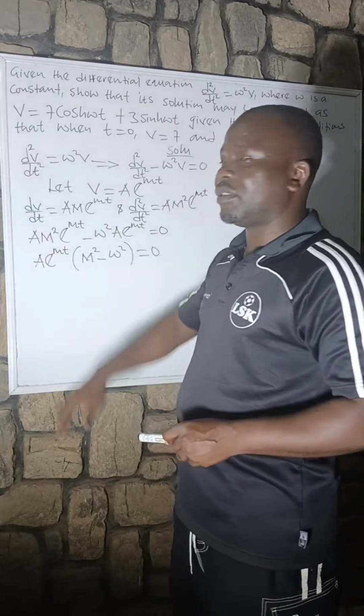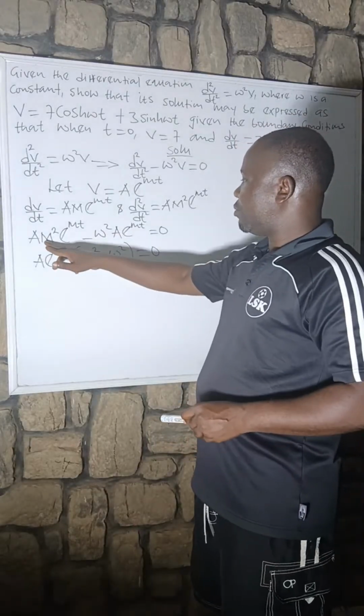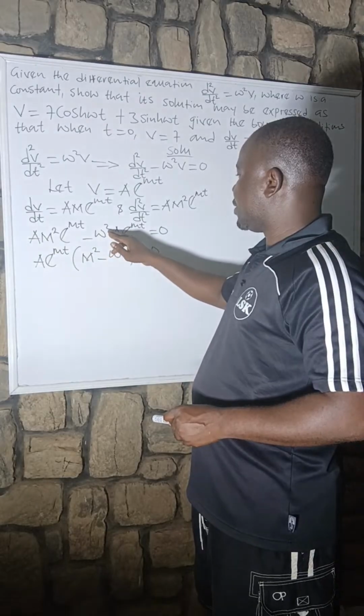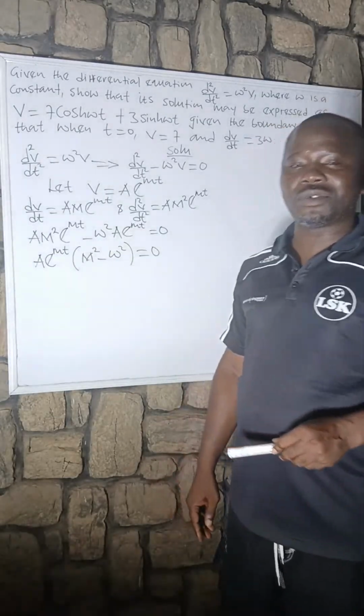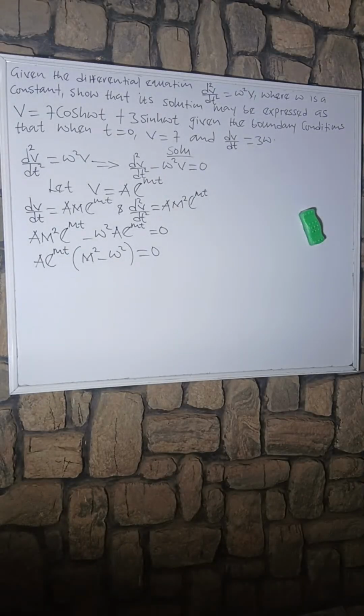So we can factor it out. Then we are left with m square here, minus omega square, two of us. Any question? Do you have any question? Yes or no? No question, right?